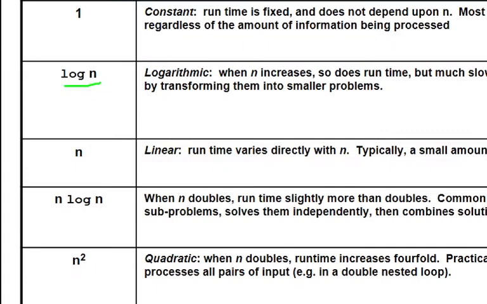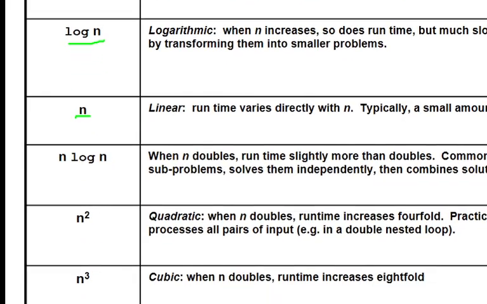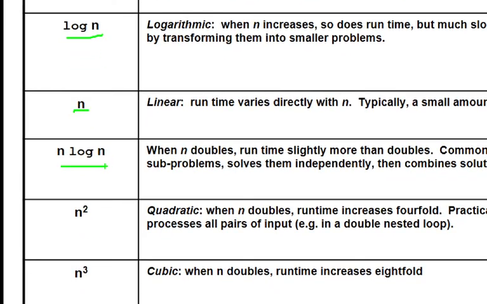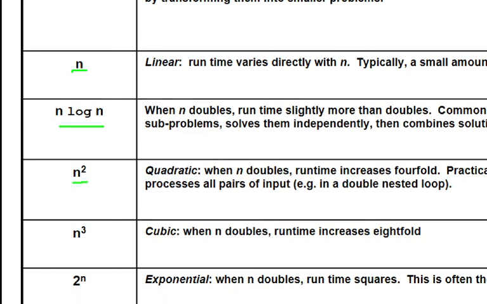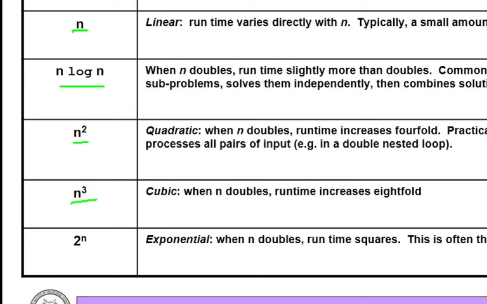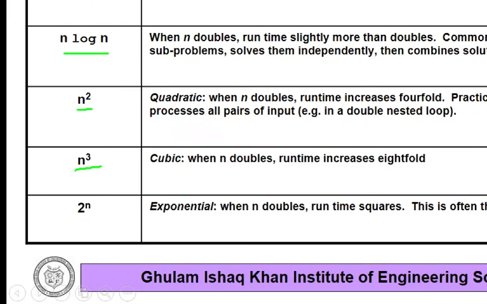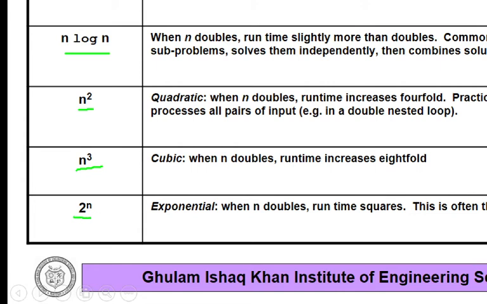Then the order of n, which is linear time consumption, is a bit on the higher end. Then n log n consumes more time. Then we have quadratic, n square, which consumes more time. Then we have cubic, or we can have n raised to power 5 or 6. And then the worst one is 2 raised to power n. It consumes a lot of time, and we can even have something like n factorial, depending upon what you are programming. So n factorial is the worst one, right?